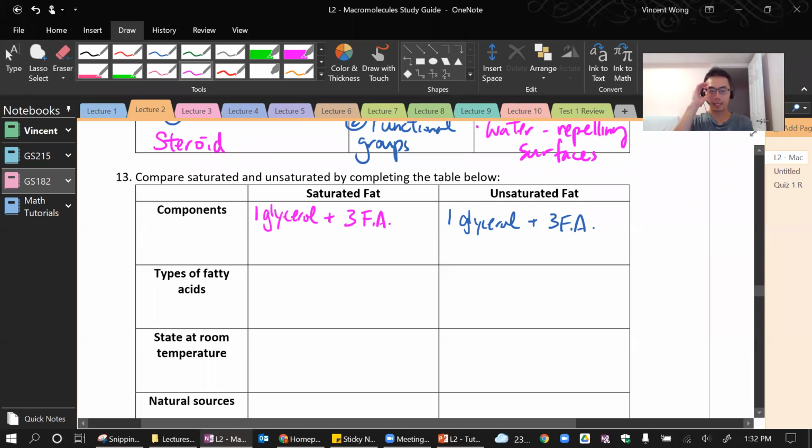The difference here is that for saturated fat, the type of fatty acids would be saturated fatty acid, which means no double bond anywhere in the structure. And the carbons are bonded to the max number of hydrogens.